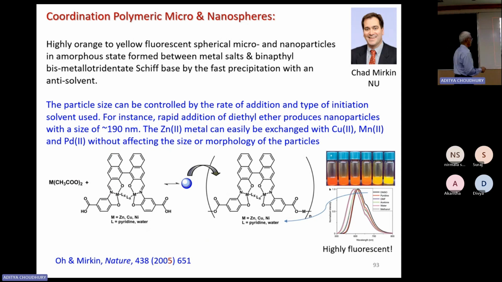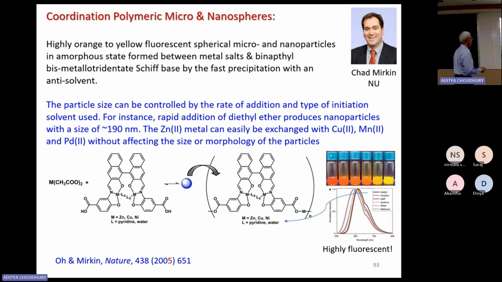What he did was add different types of metal acetates to this in pyridine, and then he started adding methanol while stirring. When it forms a one-dimensional coordination polymer, immediately because of the anti-solvent methanol, it started precipitating.